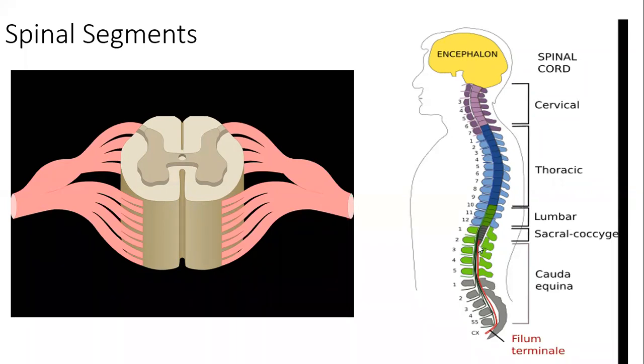Because of this termination of the spinal cord at such a higher, upper lumbar level, you can see the lower segments, especially the lumbar, sacral and coccygeal, are shortened and compressed so that the spinal cord could end at the L1, L2 vertebral level.